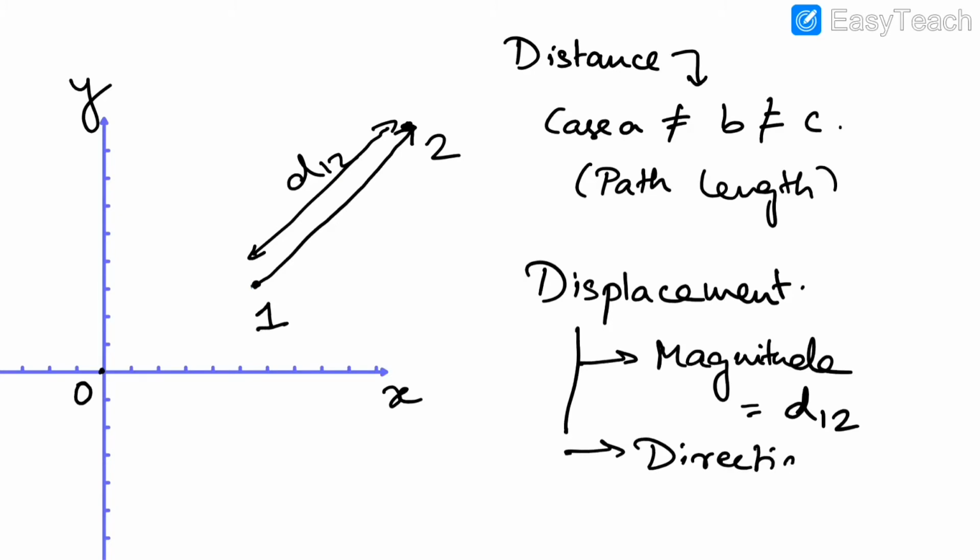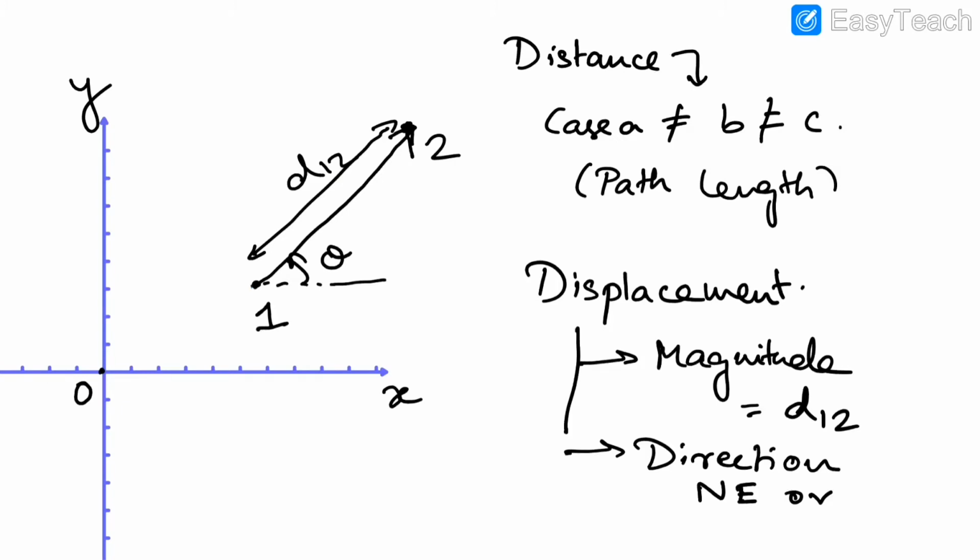Displacement also tells the direction, going in this xy plane from point 1 to point 2. If there is an arrow, what is the angle? How to give the direction? You can say in broad terms that it is due northeast, or in more mathematical terms, you can specify the angle.